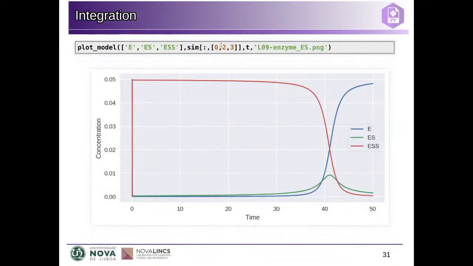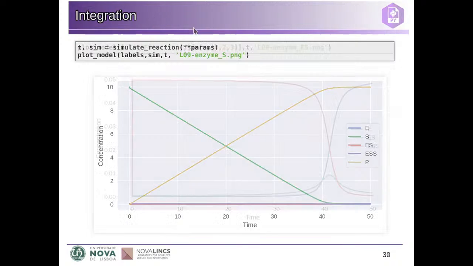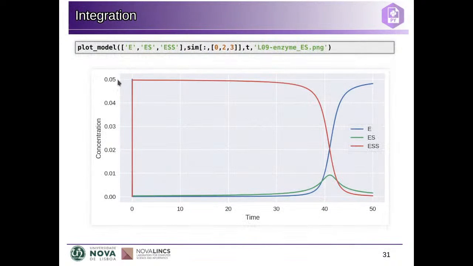So we take just these columns, the appropriate labels, and this basically is zooming in on this very low region over here. Note the Y scale of the concentration. We are now between 0 and 0.05, but we can see what happens. We have this complex between the enzyme and 2 substrates that is dominating for most of the reaction, because we have lots of substrate.